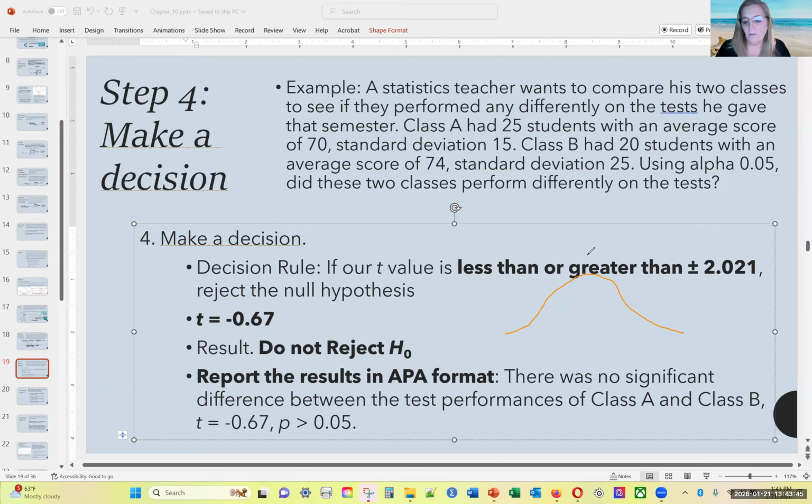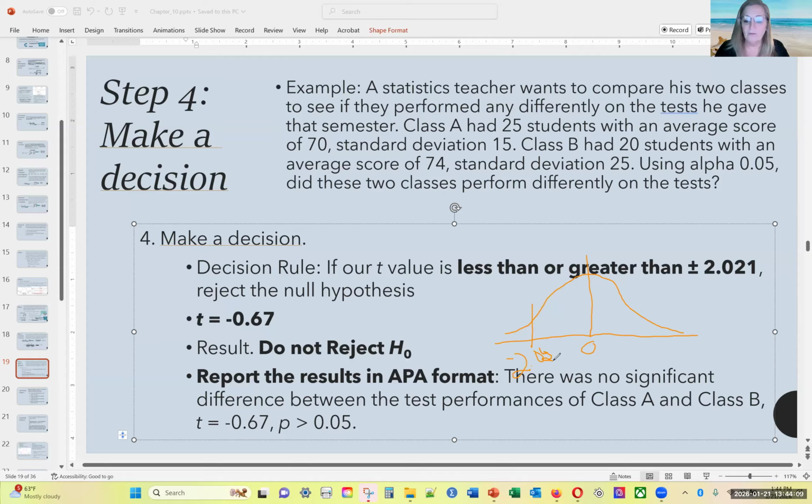You can pretend that you have your mean here. That would be 0. And you have a negative 2.021. So you can imagine that falls somewhere over here. All right, so we have negative 2.02.